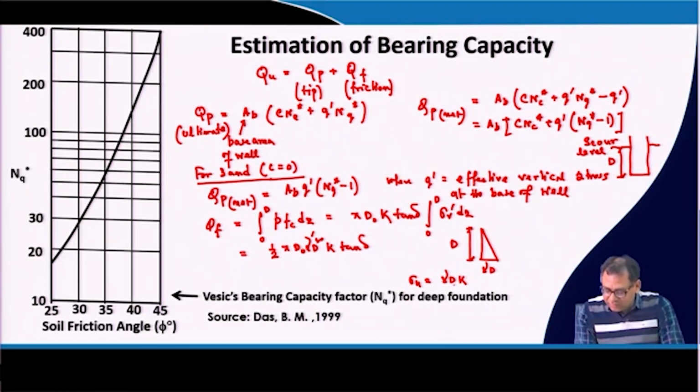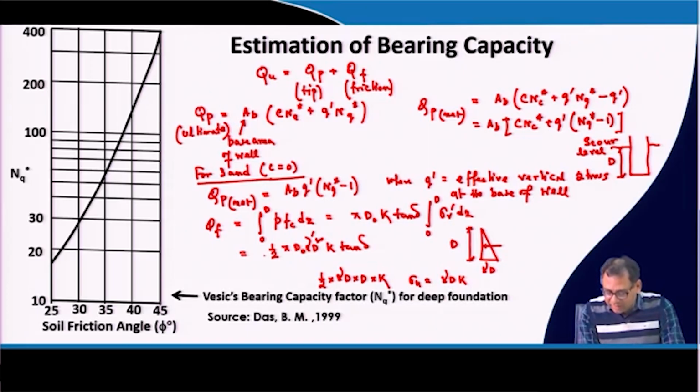So, that is what we are doing here, and then if I take the total force, we have to take the average. So, the total force will be half into gamma D into again the D into K, okay, and that will be again into tan delta.